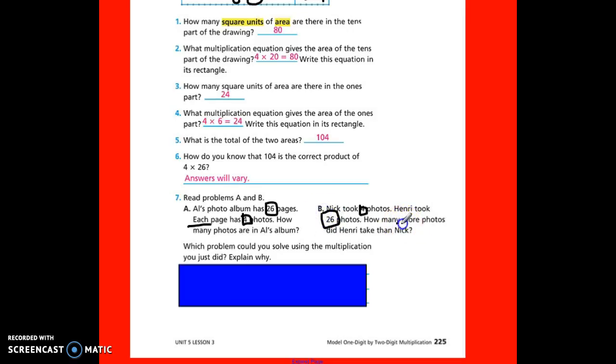How many more photos did Henry take? Which one of these is asking you to multiply? If you said A, you're correct. A is asking us to multiply, and the key word there is each. Each is a signal word that means multiply. Over here, how many more? That actually means subtraction. So A is the one that we could use multiplication for.